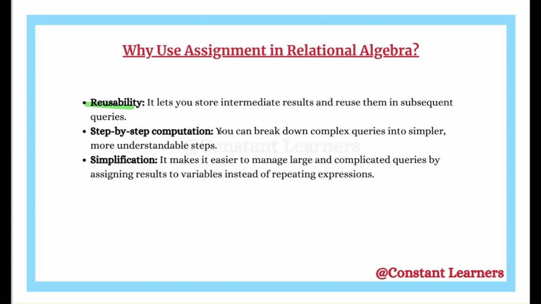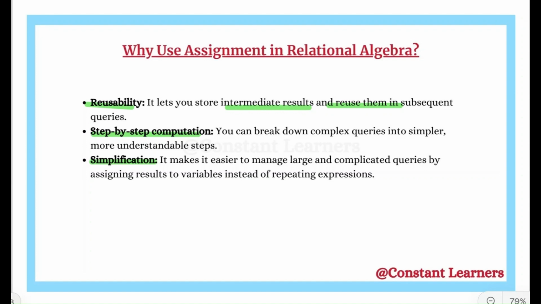It lets you store intermediate results and reuse them in subsequent queries. Step-by-step computation. You can break down complex queries into simpler, more understandable queries. And finally, simplification. It makes it easier to manage large and complicated queries by assigning results to variables instead of repeating expressions. So that was all for today's video.